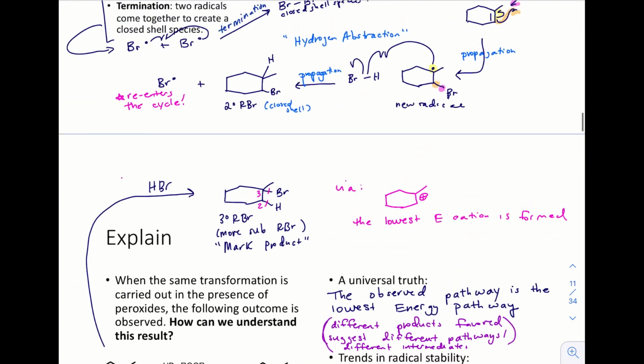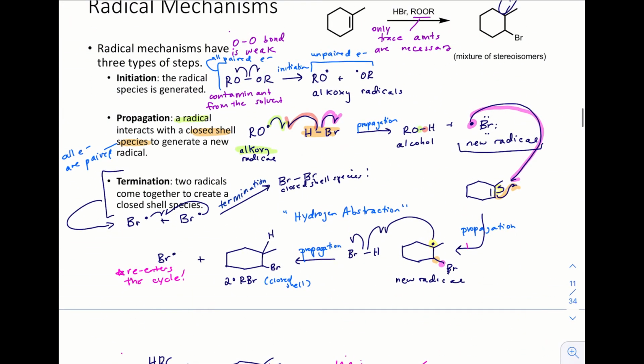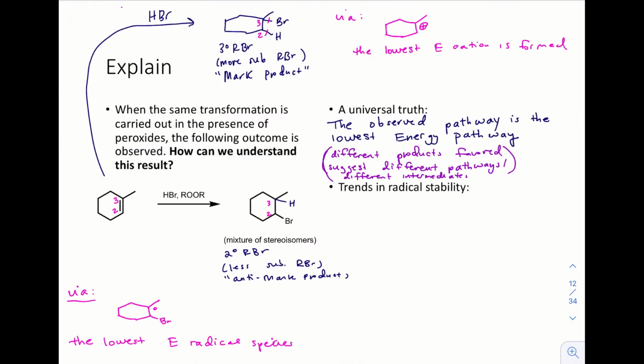When I drew out the mechanism above, I did show this radical. How do we think about radical stability? Well, radicals are electron poor, just like carbocations. Carbon does not have a filled octet, and thus radical stability parallels carbocation stability.